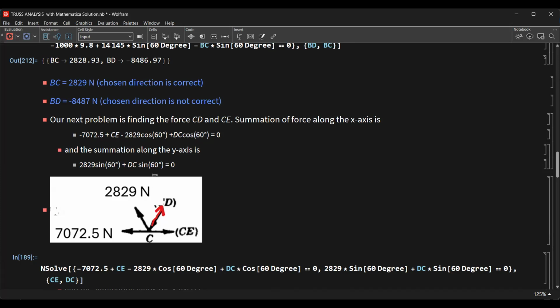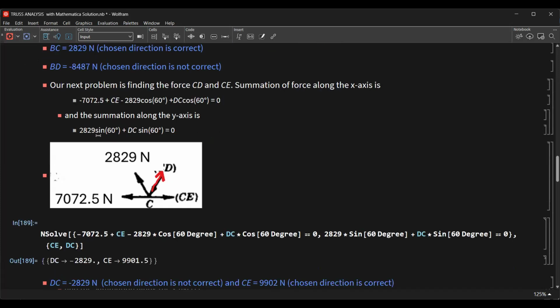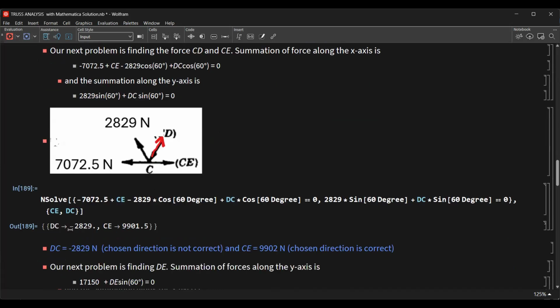And the summation along the y-axis is 2,829 sine 60 degrees, that is positive, so that is upward. DC sine 60 degrees is also upward. So our DC here is 2,829. The chosen direction for DC is not correct. The direction of CD should be directed from D to C. Then we have CE here, and our direction for CE is correct also.